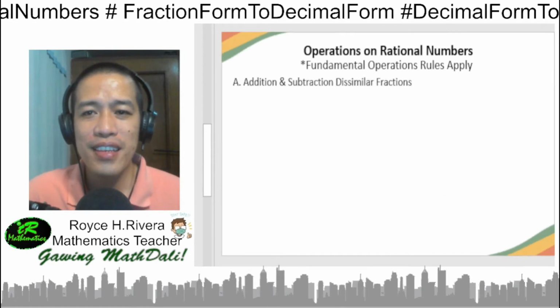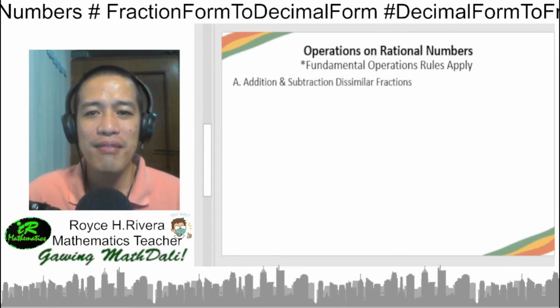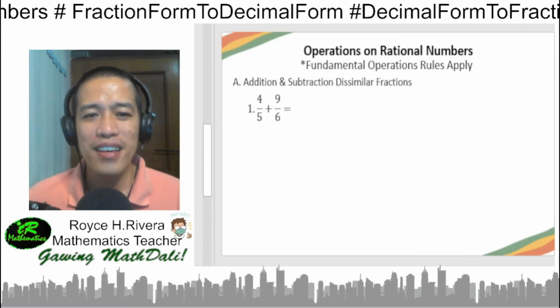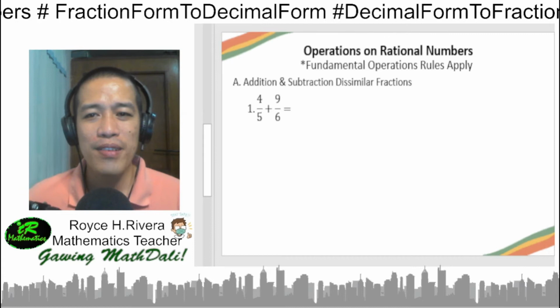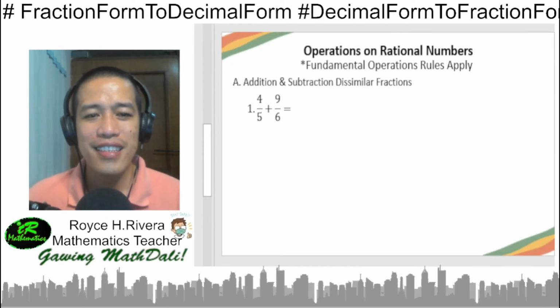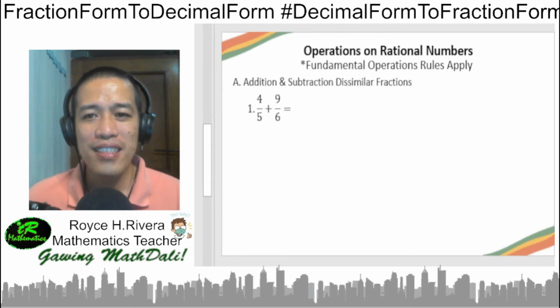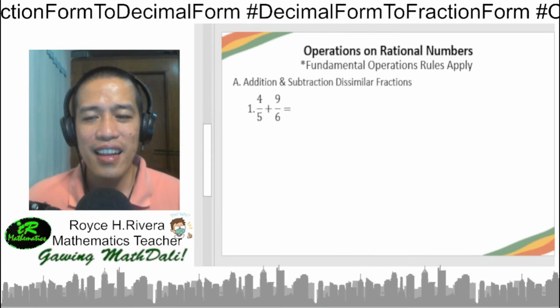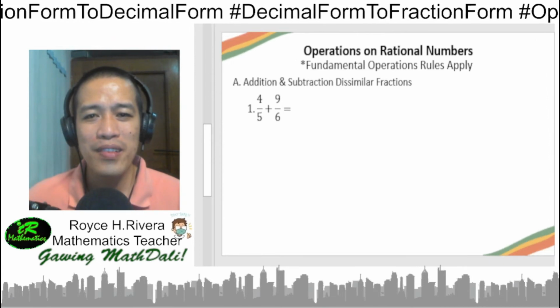Now, let's proceed with addition and subtraction of dissimilar fractions. For number 1, we have 4 over 5 plus 9 over 6. If you can simplify each fraction right there and then, you may do so.